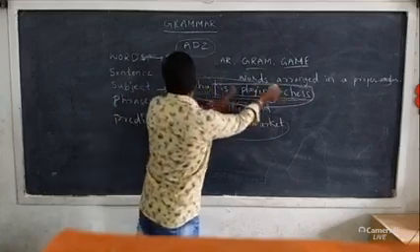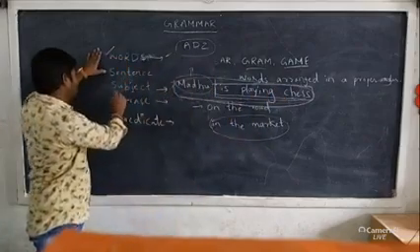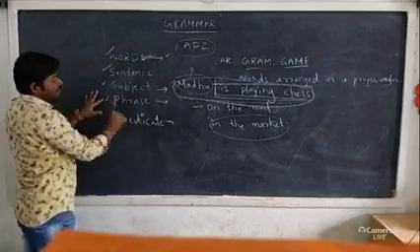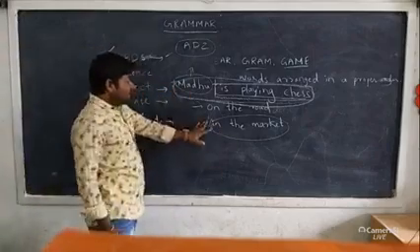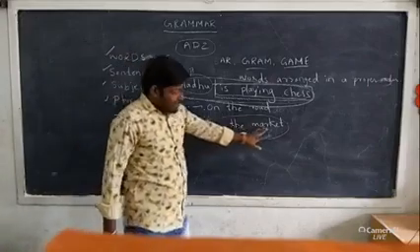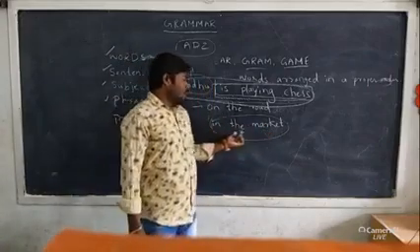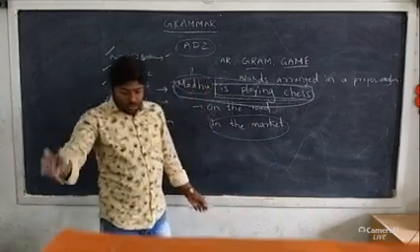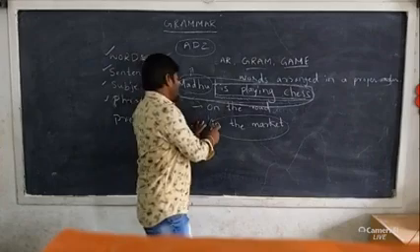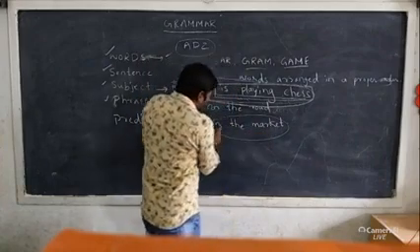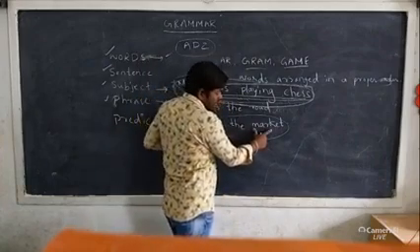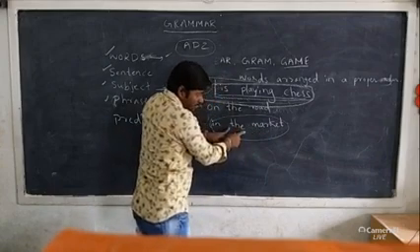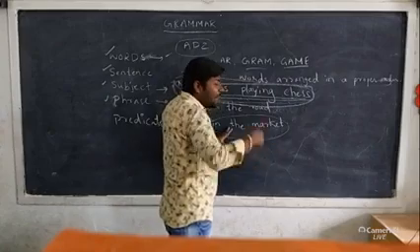Next, the remaining one is predicate. First we understood word, sentence, and subject, and now phrase. A phrase is nothing but a group of words. For example, in the market, or on the road, or in the classroom. A group of words in a meaningful order, but it doesn't give complete meaning.